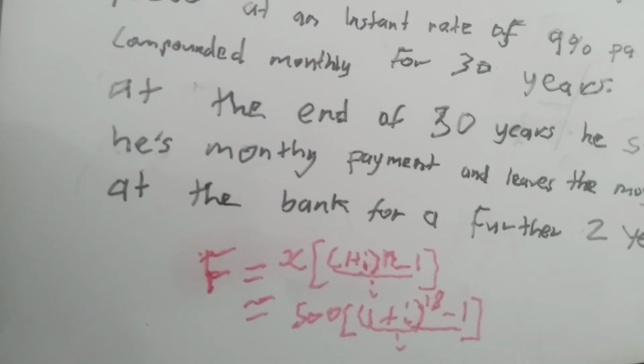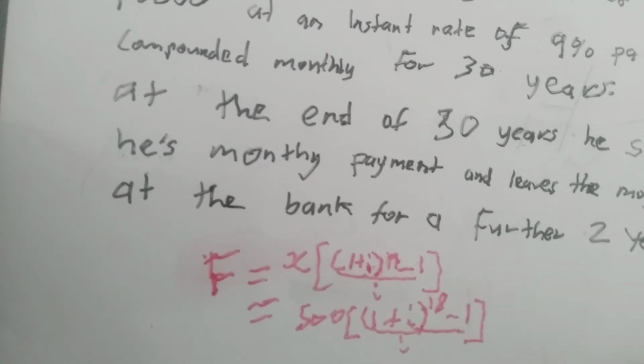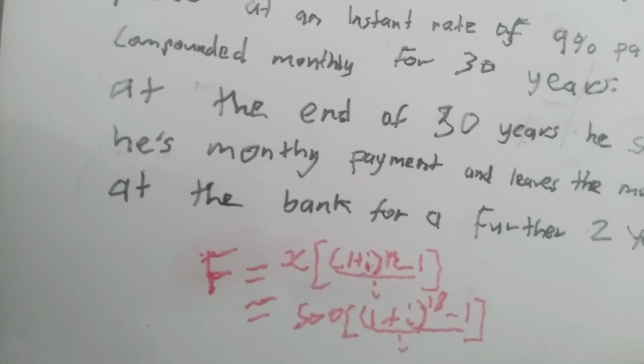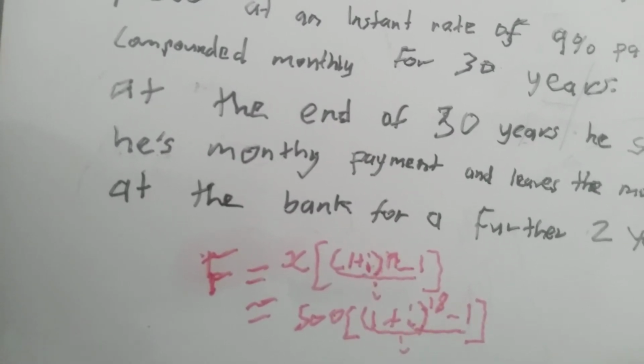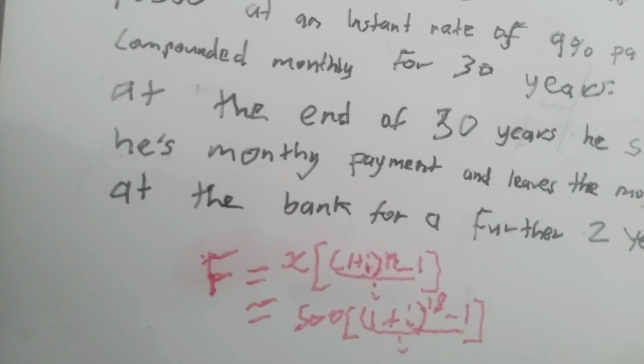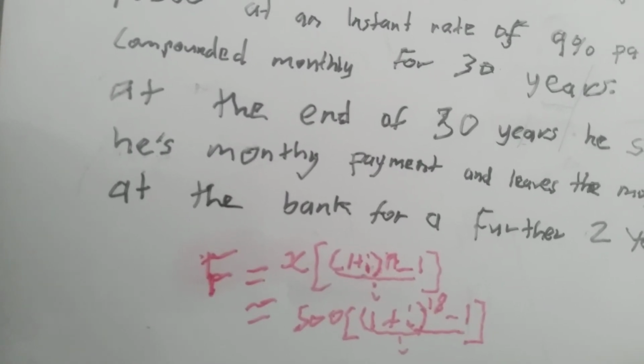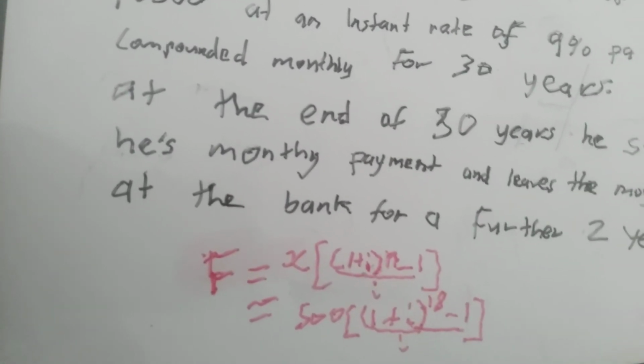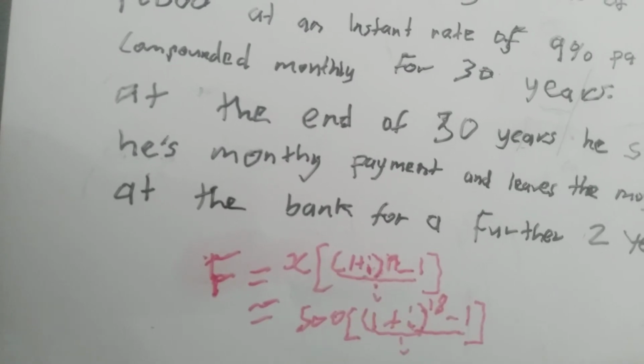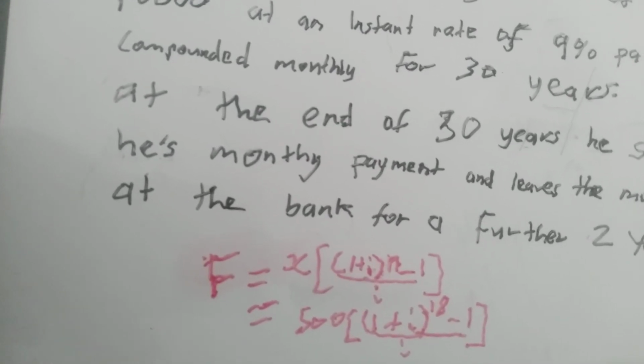So what do we do in this situation? What happens to the money when it's left at the bank? Does it just stay? No, it doesn't just stay. It grows using compound interest for 6 months, right? Remember the person has been paying for 18 months and then decides to stop paying.